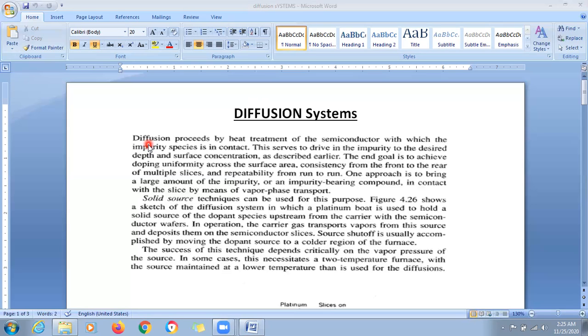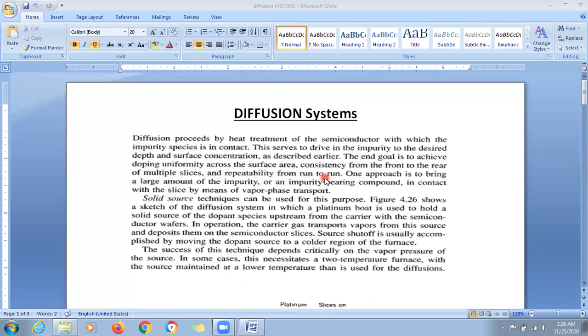Now, what is the diffusion system? Diffusion proceeds by heat treatment of the semiconductor with which the impurity species is in contact. The final goal is to achieve the doping uniformly across the surface area, consistency from the front to the rear of multiple slices, and repeatability from run to run.